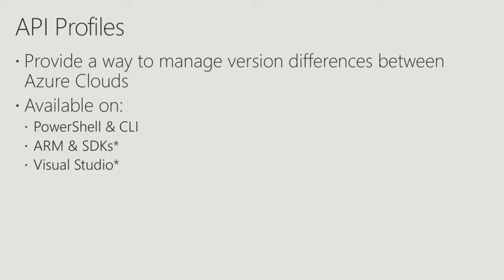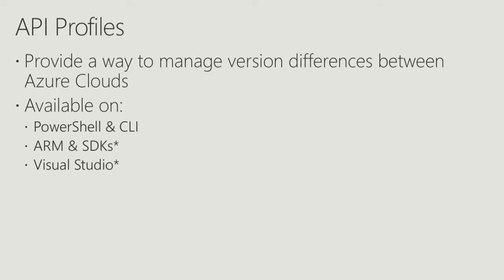So we recently introduced the concept of API profiles. API profiles is a development aid to make it easy for you to author your templates and also have the right libraries for the tooling, PowerShell, CLI.